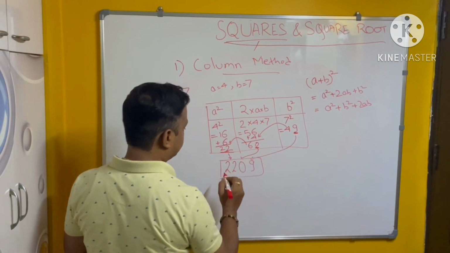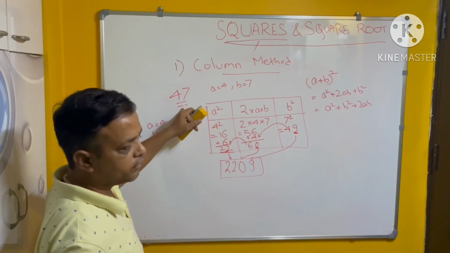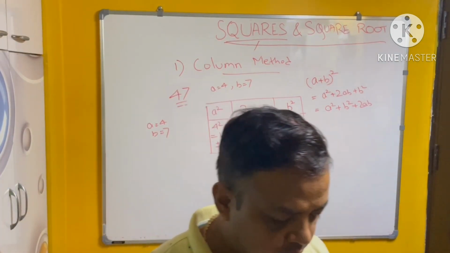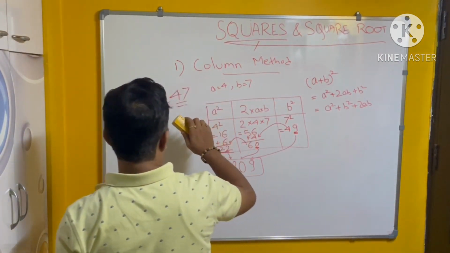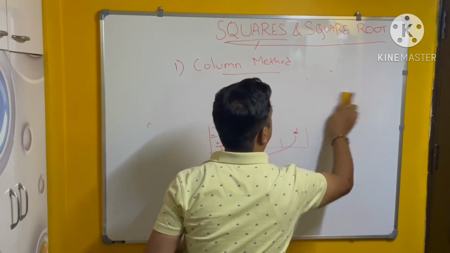So this is the square of 47. This is one method, the column method. Now the other method.